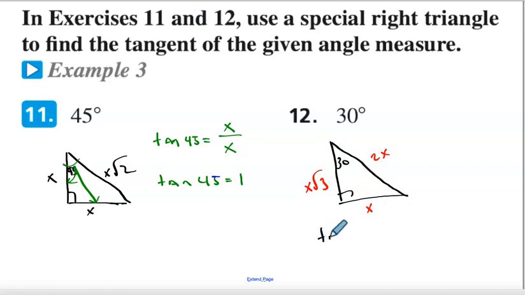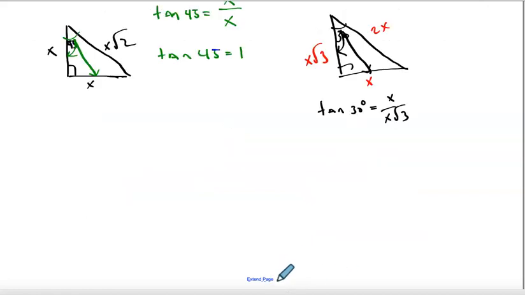So if I consider the tangent of 30 degrees, well, there's the angle, opposite over the adjacent. So this is just going to be the tangent of 30 equals, well, x over x root 3, the x's simplify, so you get 1 over the square root of 3.